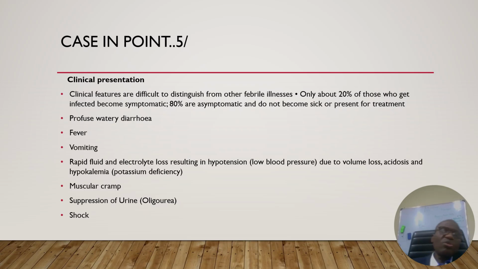When the virus begins to multiply in the body, the individual may come down with fever, abdominal pain, watery diarrhea, vomiting, and if it becomes very severe, you can begin to have low blood pressure and electrolyte imbalance. But sometimes these are not so obvious. You may just stop at fever and body aches.